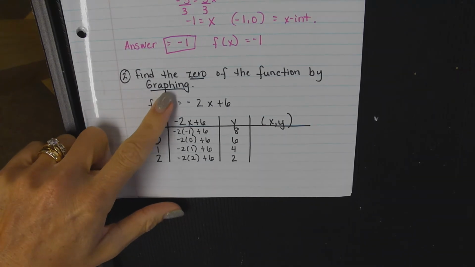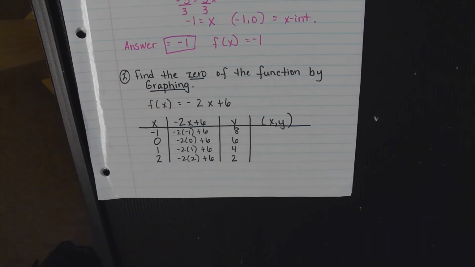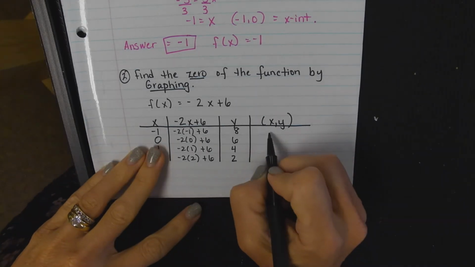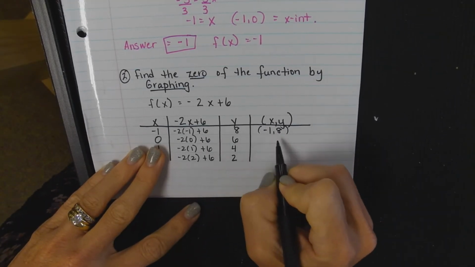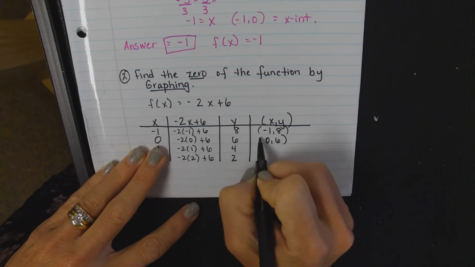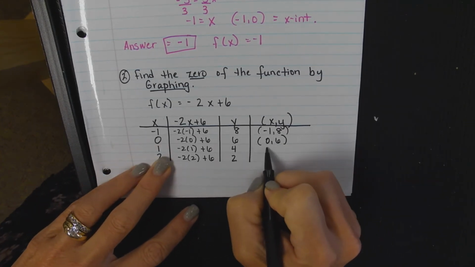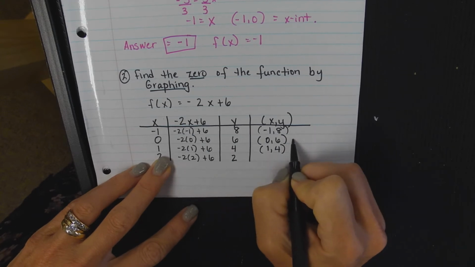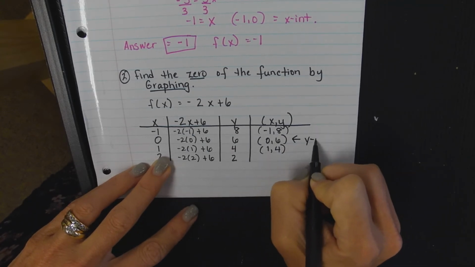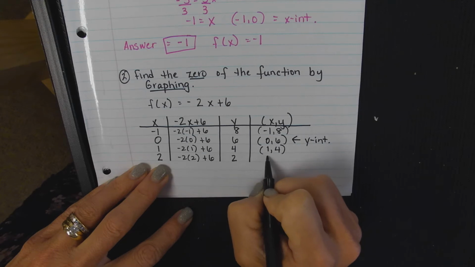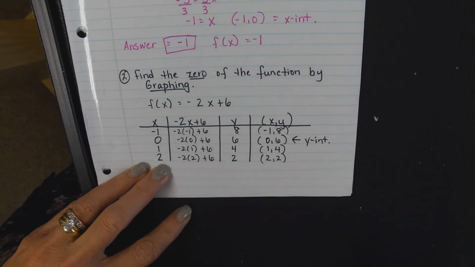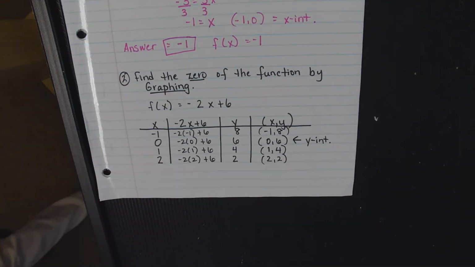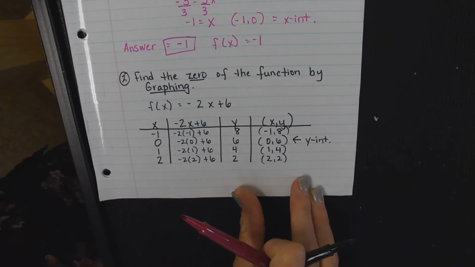We are doing this by graphing. So we're going to find the 0 by looking at a graph. Okay? All right, so let's get our points. -1, 8, 0, 6, 1, 4. As a reminder, this is your y-intercept. And 2, 2. All right? So how many points do we have here? Y'all wake up. How many points do we have? 4.